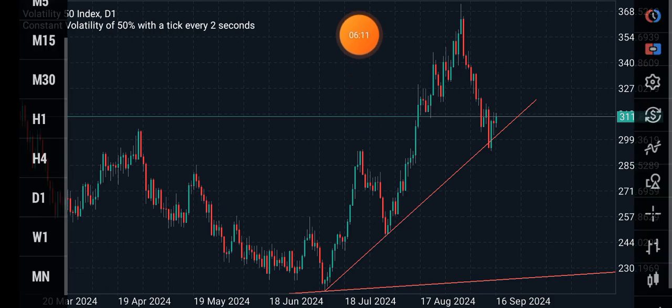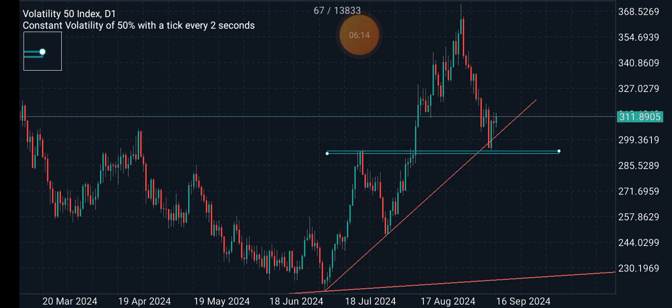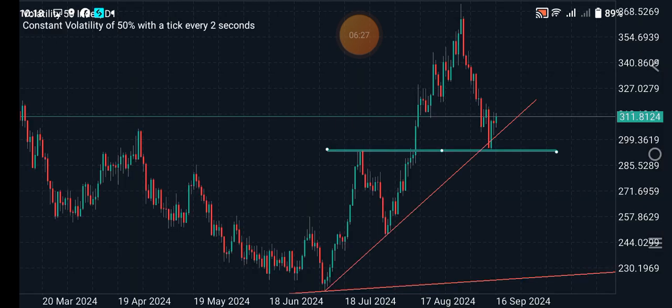And I normally put my flip zone. It is either price touches my trend line or bounces through my flip zone. So let me shade it, or let me fill it with some kind of color.